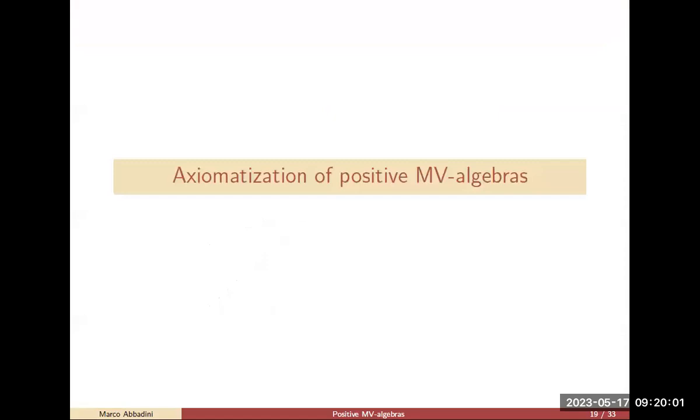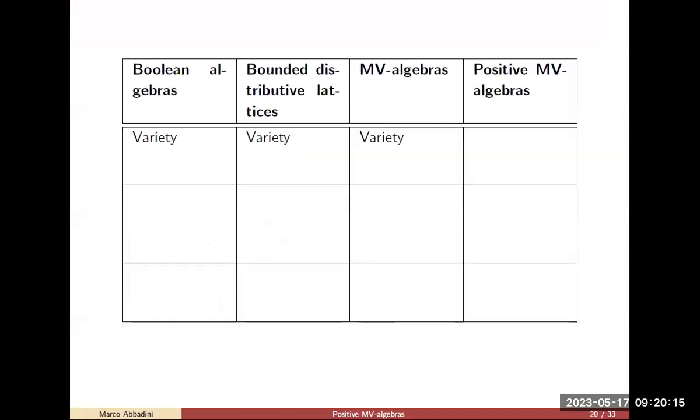And let's see some good and bad properties of positive MV-algebras. First of all, an axiomatization of positive MV-algebras. We defined them as positive subreducts, but how can we axiomatize them? Okay, so Boolean algebras, bounded distributive lattices, and MV-algebras are varieties, and that's a good thing.